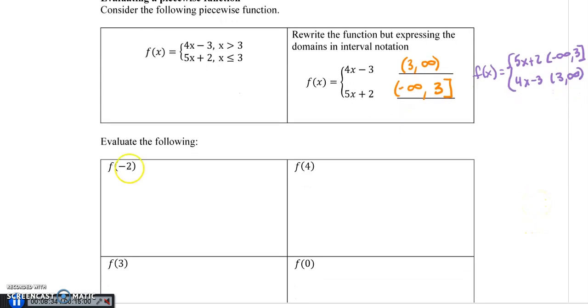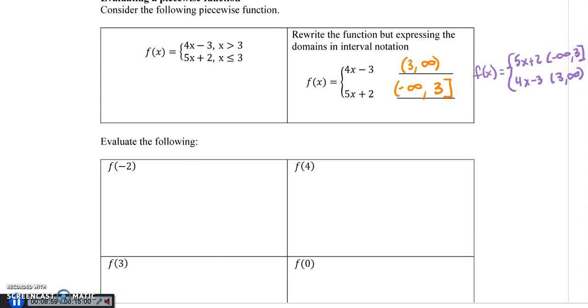Now let's look at this. It's saying f of x when x is -2. How are we going to do that? We need to look at where -2 is. Which interval is -2 in? Is -2 between negative infinity and 3, or between 3 and infinity? Hopefully you decide it's between negative infinity and 3.